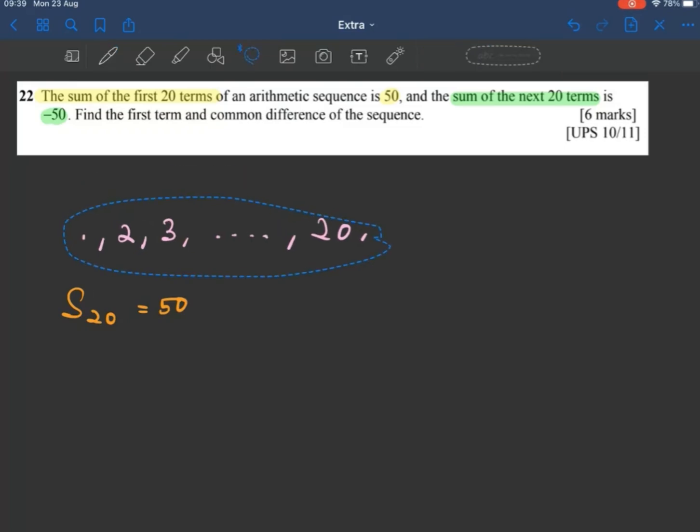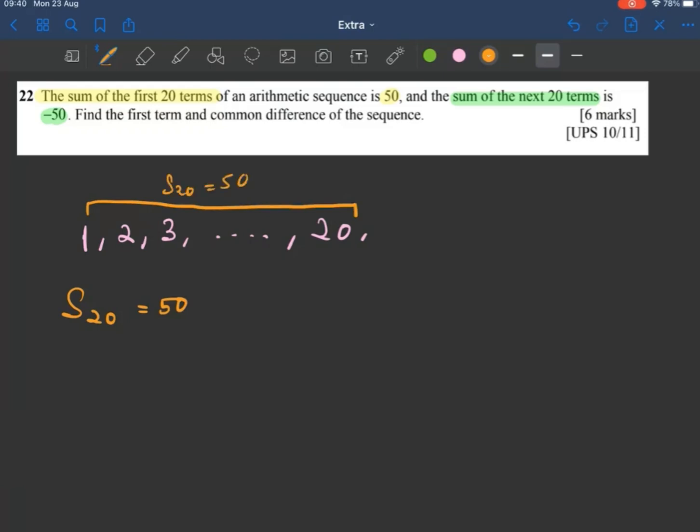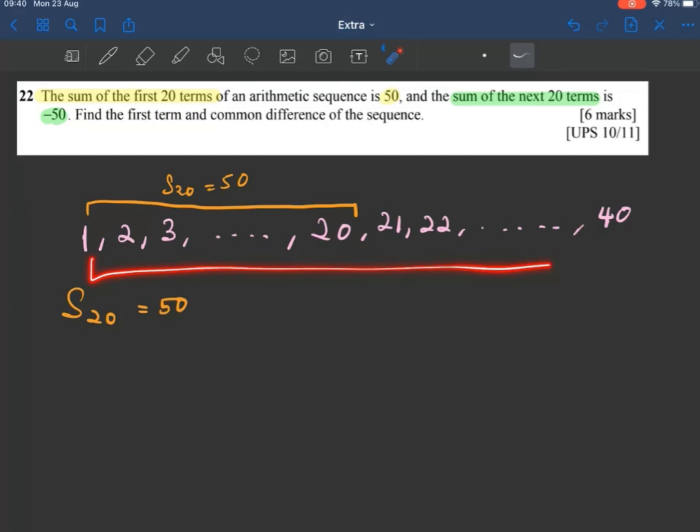Yang sementara tu kamu fikirlah. Okay, so kita ada the next term ialah 21, 22 sampailah ke 40. So kalau kamu cakap S40 tadi, ini ialah S40.